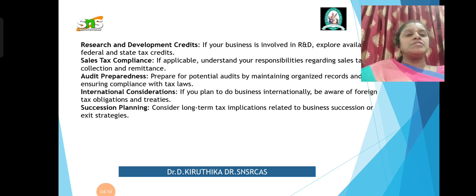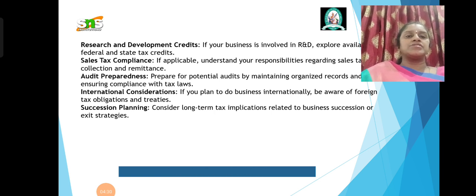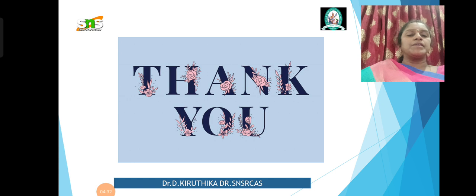Preparing for the audit means maintaining all the records properly. The international consideration is that when we are doing business, we have to be aware of the tax obligations for the foreign treaties. And succession planning means we have to consider the long-term implications related to business succession or the exit strategies available for the particular business.